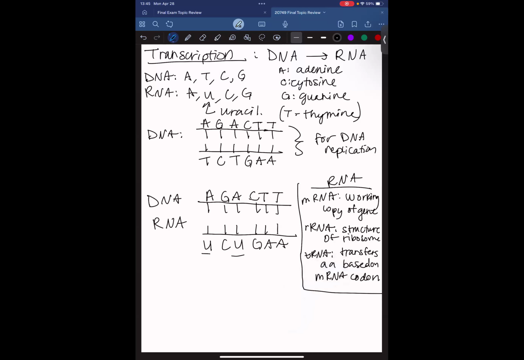So transcription itself has 3 steps. Initiation, elongation, and termination.